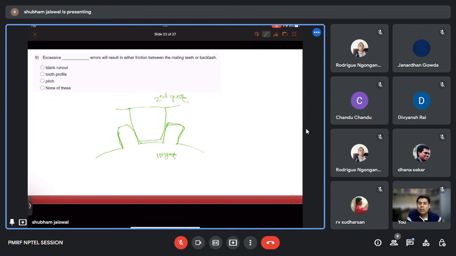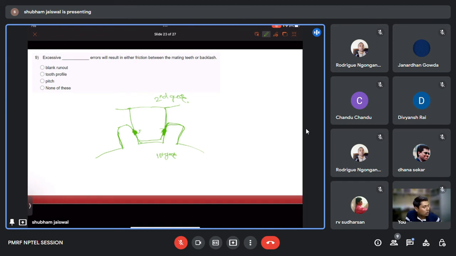If the error is there in the tooth profile, what will happen? It will cause the friction on the surface. And also it will result in the noise and other things, which are the backlash.